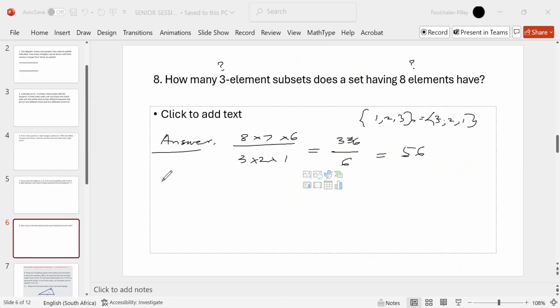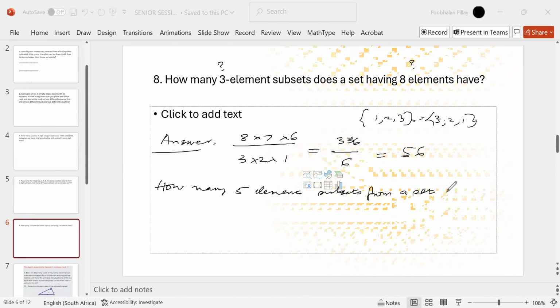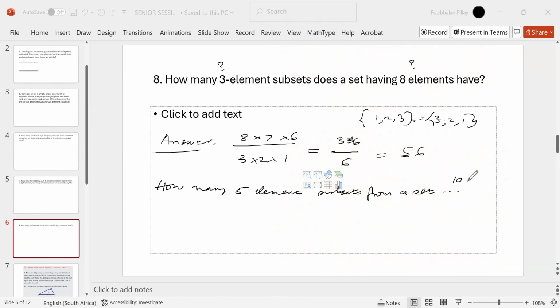Suppose I ask you, how many five-element subsets from a set having, say, 10 elements? Suppose you have a subset having 5 elements, and your whole set has got 10 elements. So how do you work that out?